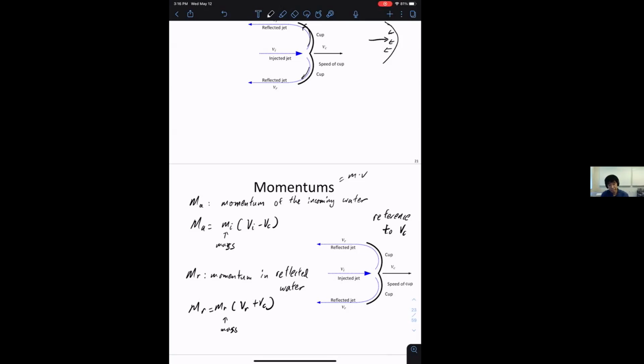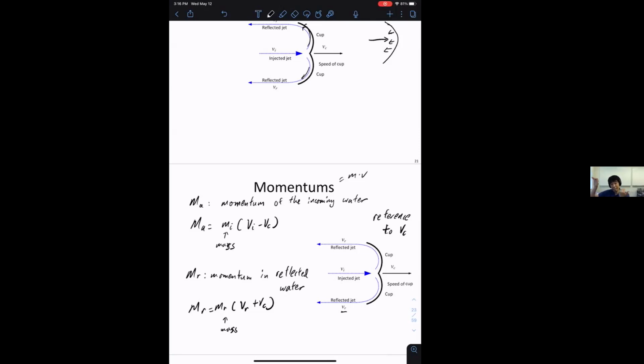Wait, I'm kind of confused with the bottom formula, the MR. Right, okay, so little m_r is a mass. We have the reflected water going at a speed of VR, and we're referencing to VC. VC is moving in this direction, VR is moving in the opposite direction.